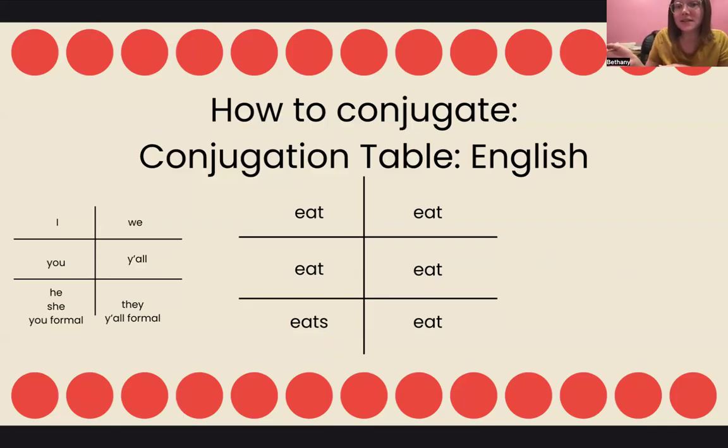We study the verb tenses, but we don't actually conjugate it like that. Here I have the highlight again that the third person singular, he, she, and formal you, is the one that changes in English. But in Spanish, all of the endings will change.